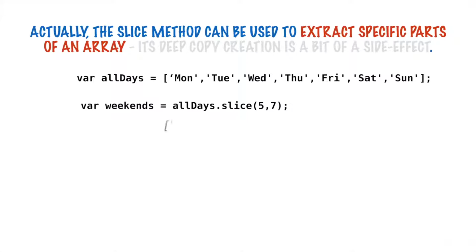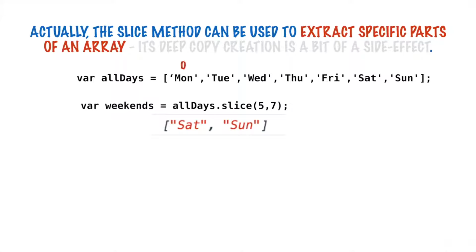If you run this code, you'll find that the output is Saturday, Sunday, exactly what we wanted because these are the weekends. And we've got it by calling allDays.slice(5, 7). How did that work? We've mentioned several times over that arrays are indexed starting at index 0.